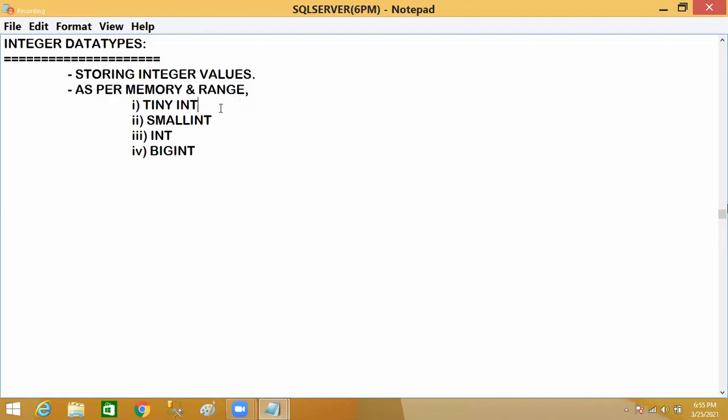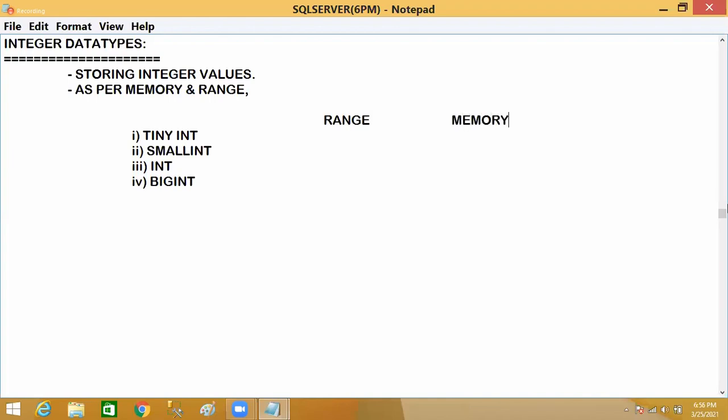Let us see simple examples of range and memory.